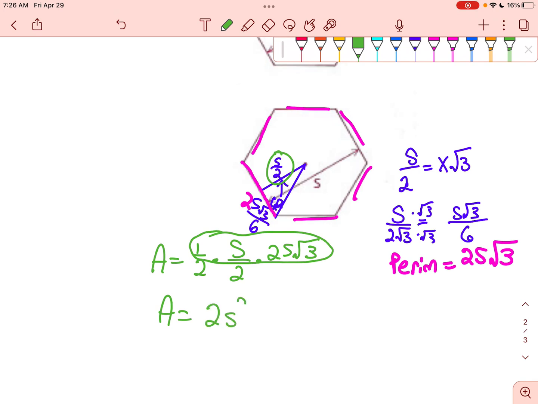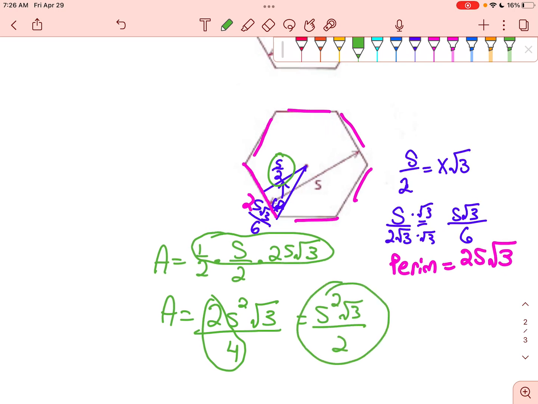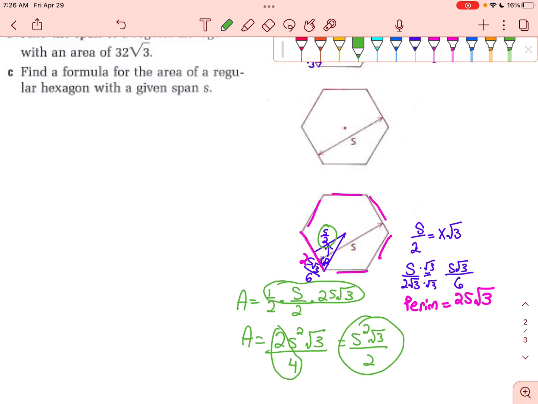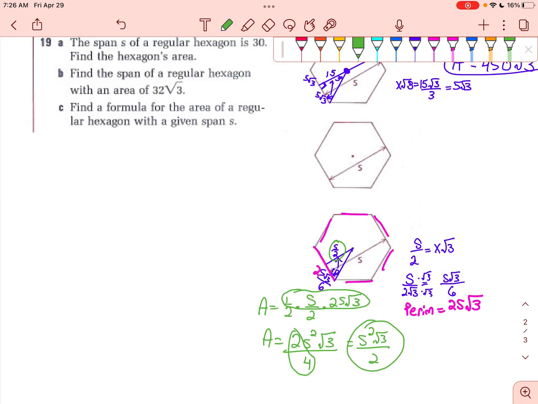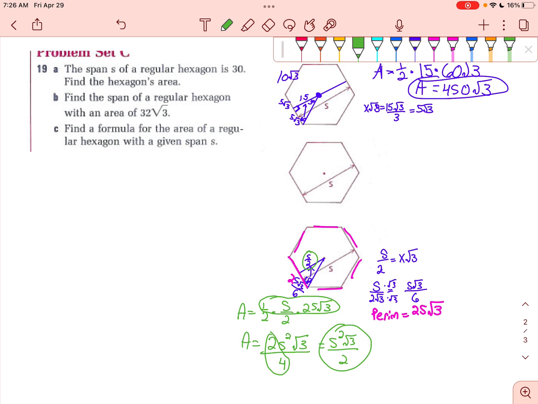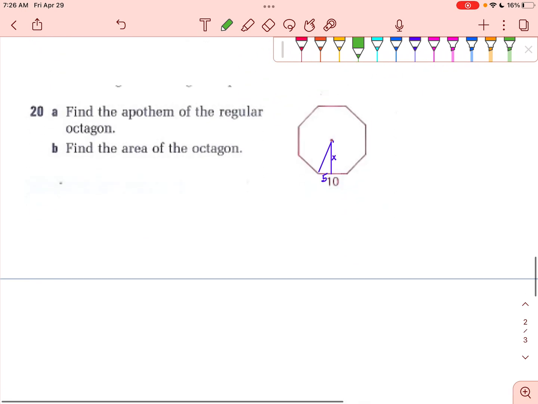So this ends up being 2s squared root 3, and you multiply across the bottom. You have a 4 there. And then, of course, you can simplify this 2 and 4 down, so it ends up being s squared root 3 over 2. So whatever the span is, it's the span squared with a root 3 on it over 2. Again, if you did not come up with the formula, no big deal.